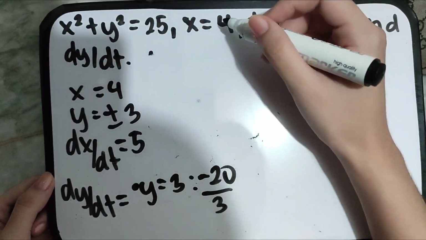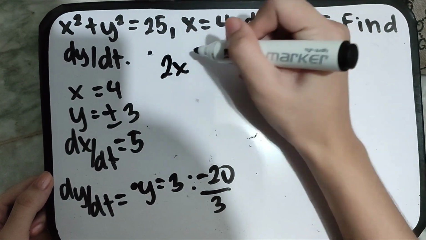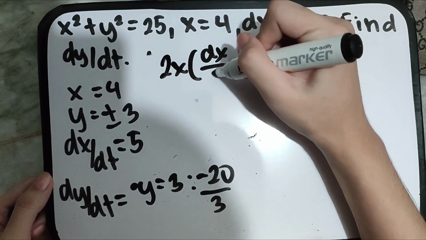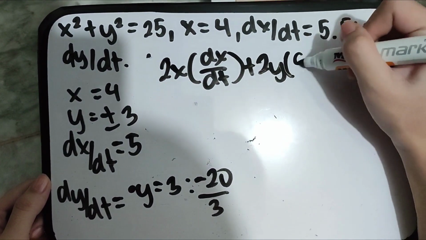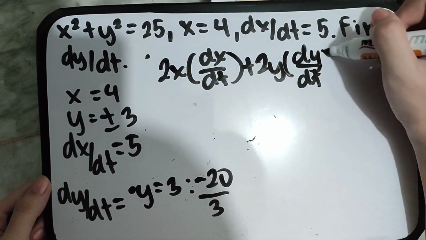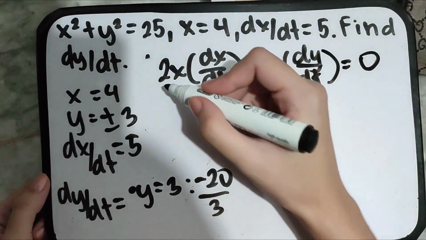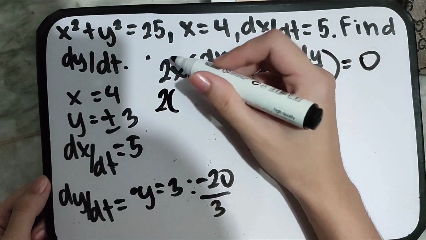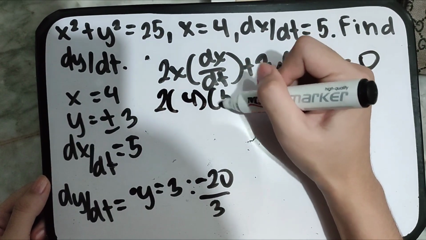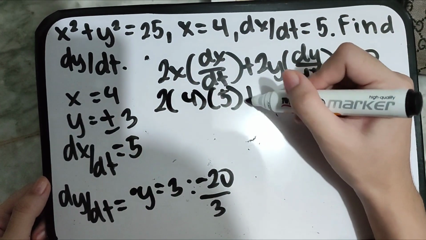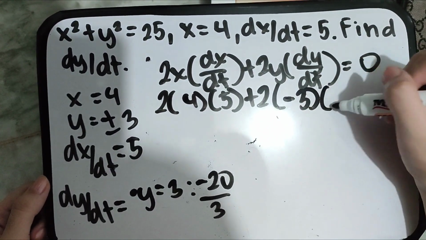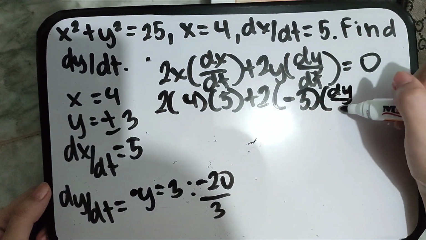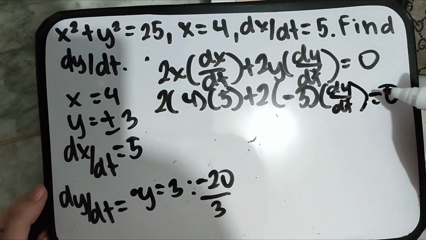So x squared plus y squared, 2x dx over dt plus 2y dy over dt is equal to 0. Then 2x is 4 and 5, then 2 times negative 3, and it's still dy over dt is equal to 0.